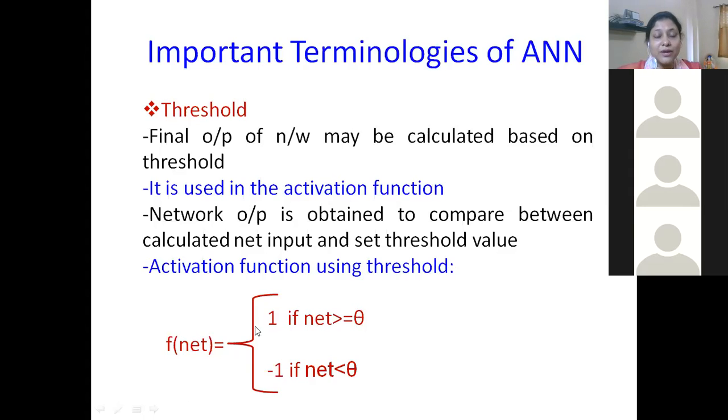The output is +1 if the calculated net input value is greater than or equal to the threshold value, and we consider the output of the network as -1 if the calculated input value is less than this theta. So we have only this binary option, +1 or -1, based on the threshold value.